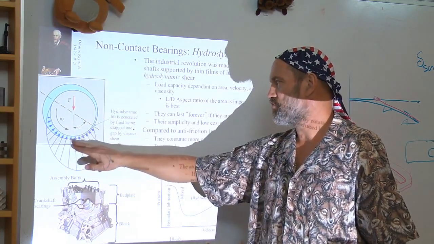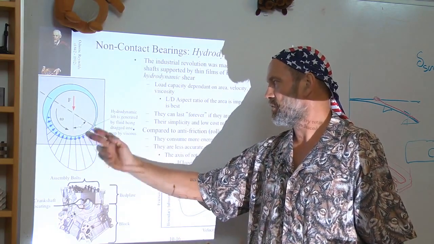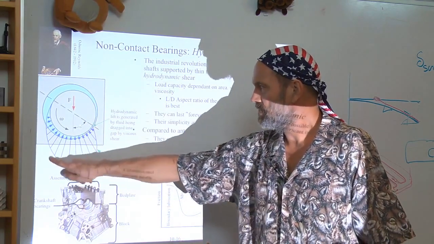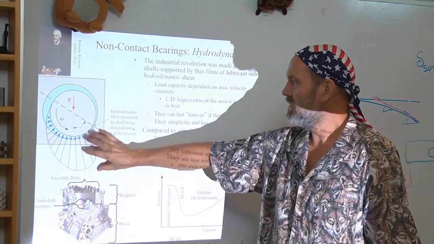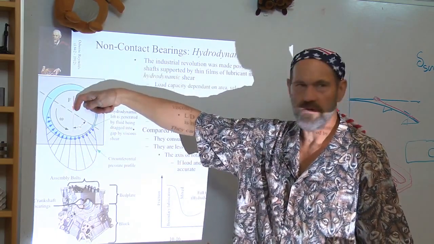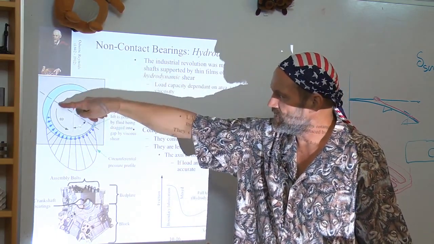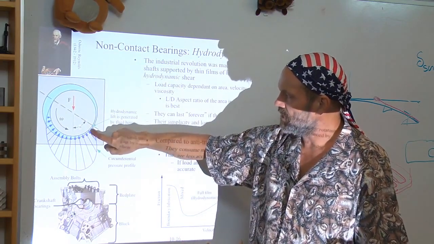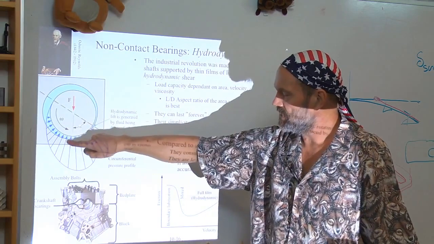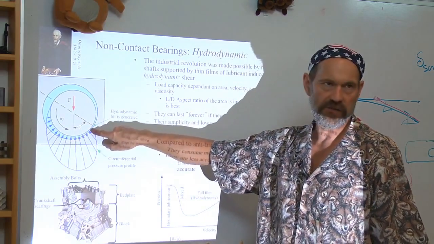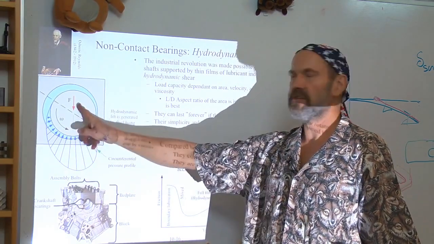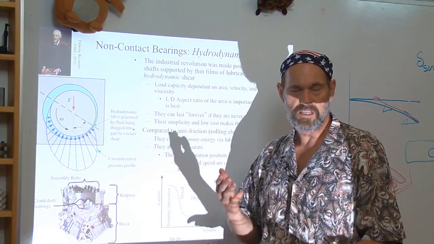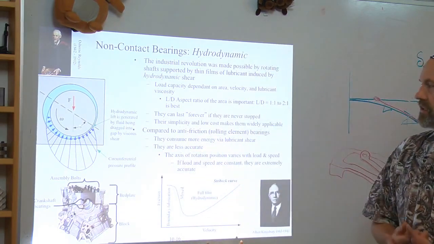That fluid being dragged in creates a pressure profile. This is shown by this blue shape here that will now act to support a load. As the load is applied when the shaft is spinning, the applied load causes the gap to get smaller, which causes, as the fluid is being dragged in, the pressure to increase, which then reacts against the load. So it's like a system of self-help.